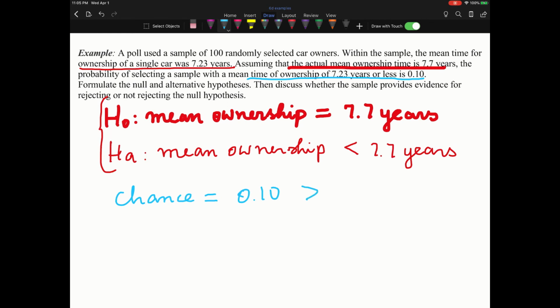Now 0.10 is greater than 0.05. This result is not significant at the level of 0.05, and there is no evidence to reject the null hypothesis.